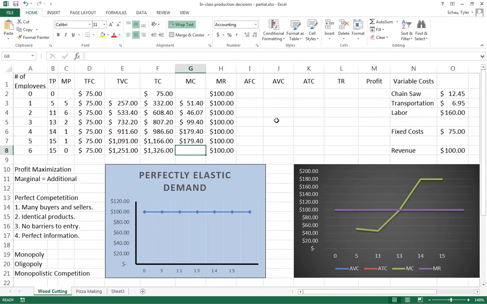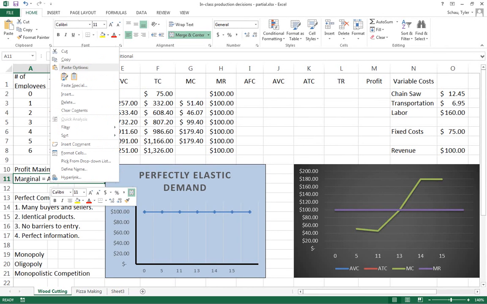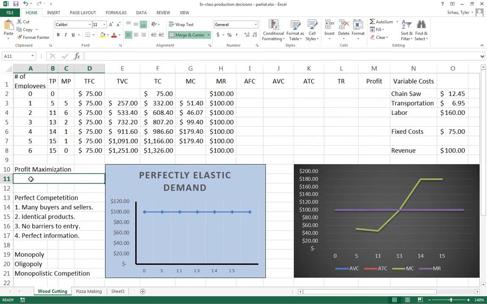Okay. Believe it or not, we actually have enough information now to answer this profit maximization problem. I'm going to get rid of this here. Profit maximization, the profit maximizing level of output, is the place where MR equals MC.